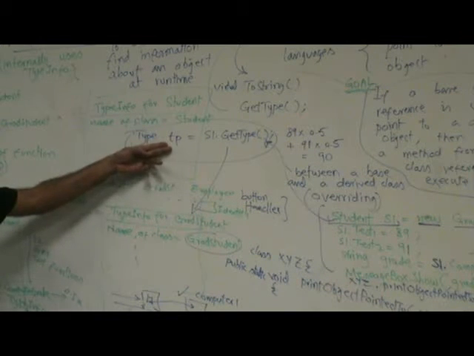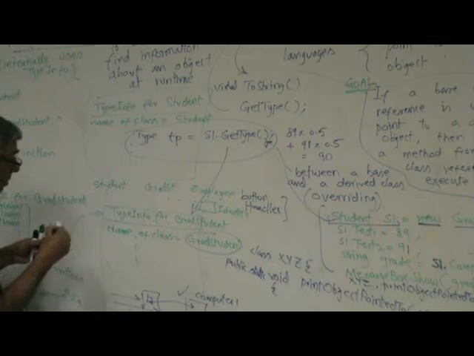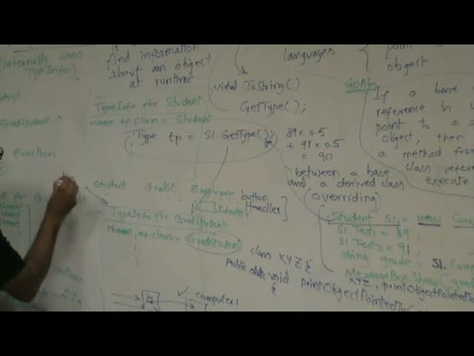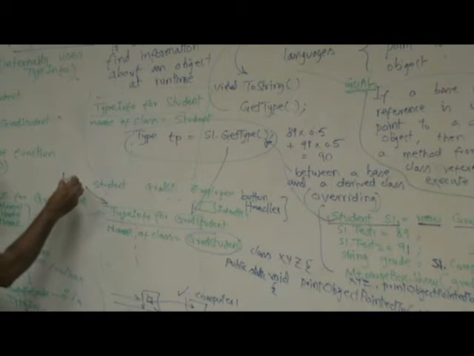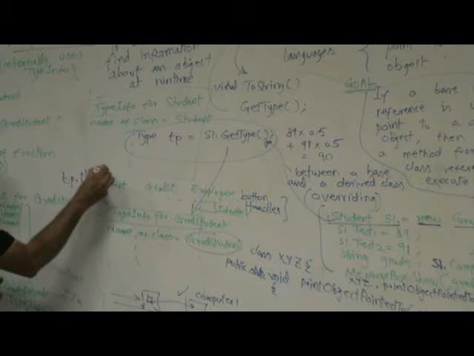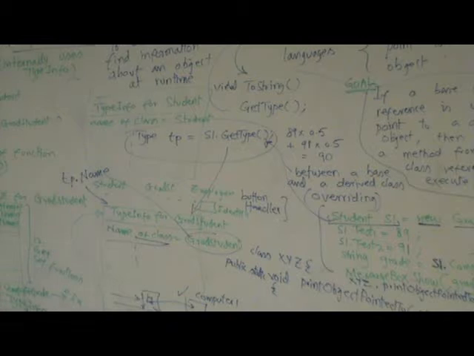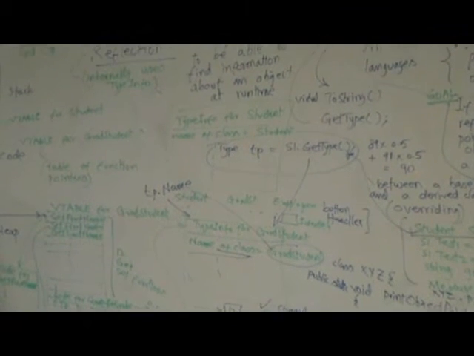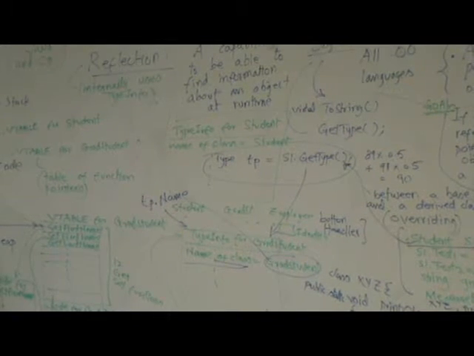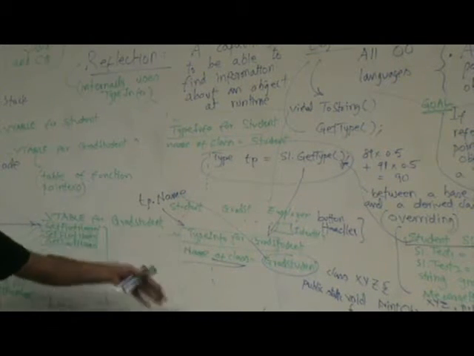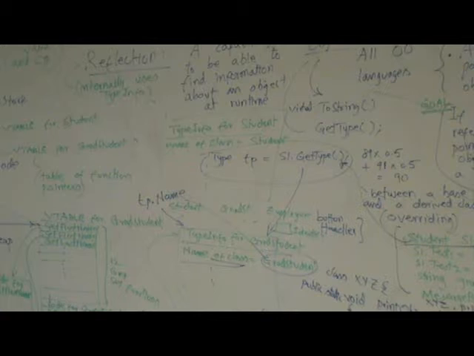So this tp will now be pointing to our type info. Now if you say tp.name, it will give you the name of the class. If you say tp.interfaces, it will give you the interfaces. And GetMethods will give you all the methods that belong to this class, right?